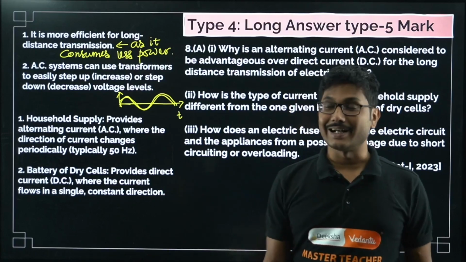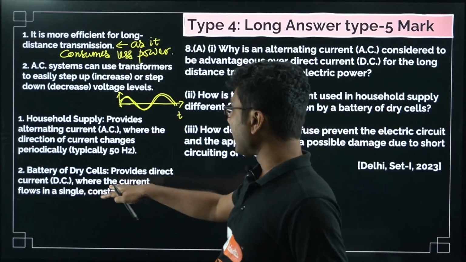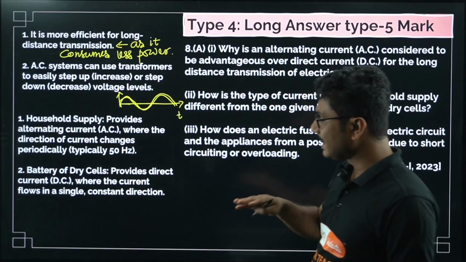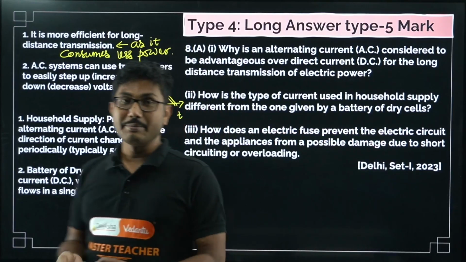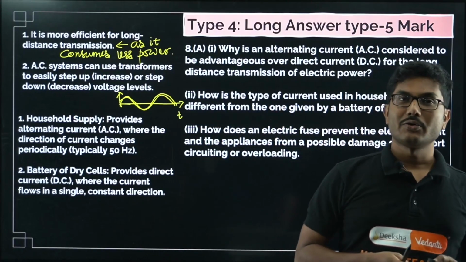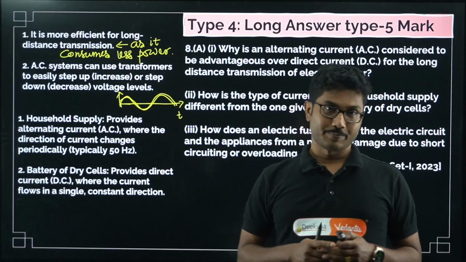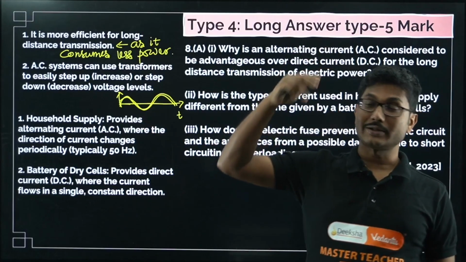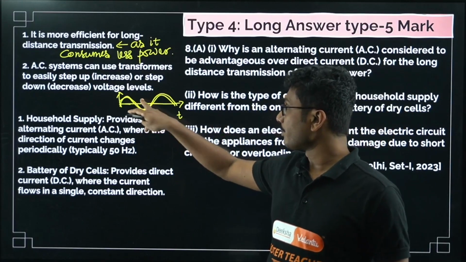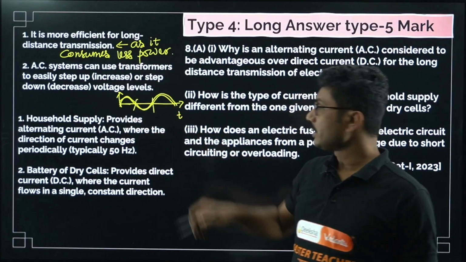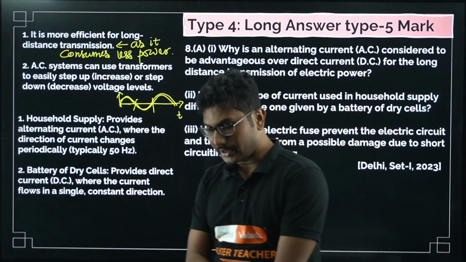Whereas DC provides direct current, where the current remains in a single constant direction, one directional current only, and one value only. But in case of AC, the value changes from plus to minus also. At some times, for example in these positions, it becomes 0 as well. So AC is not constant, it is fluctuating.